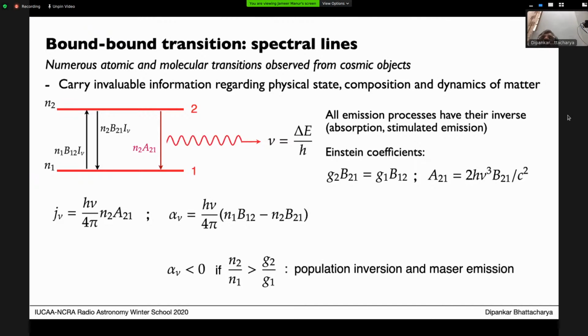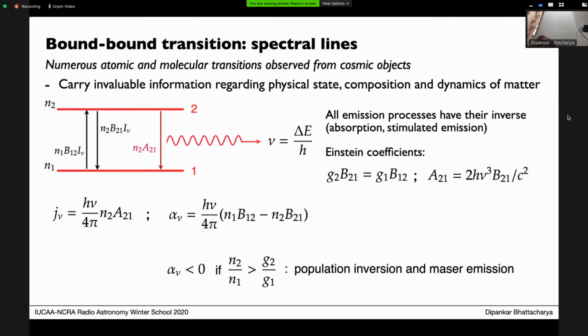And since J nu happens to be per unit solid angle, you divide it by 4 pi. So h nu by 4 pi into N2 A21 is the emission coefficient J nu. And the absorption coefficient alpha nu is related to the processes that interact with the incident radiation, and that is absorption and stimulated emission. So alpha nu is actually h nu by 4 pi times N1 B12 minus N2 B21.